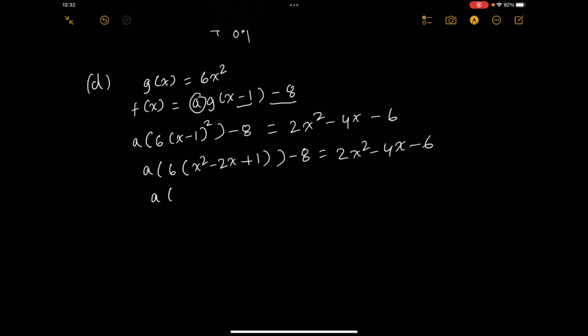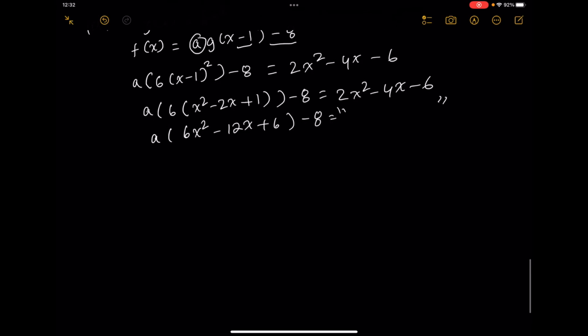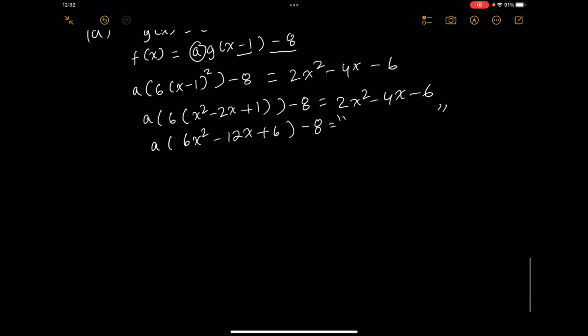Then a into 6x squared minus 12x plus 6 minus 8 is equal to the same thing. So now we can write down 6ax squared minus 12ax plus 6a minus 8 is equal to 2x squared minus 4x minus 6.